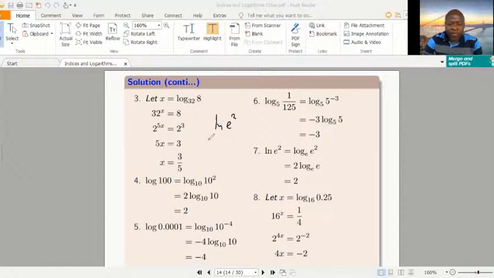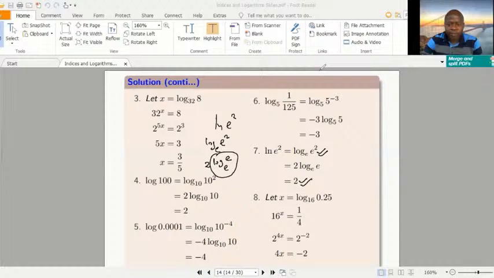But this ln of e means log to base e, and then e raised to 2. That means that 2 can come down, and we have the log of e to base e. So this is a log of something to the base that is the same, so this is 1. That's why you get 2.